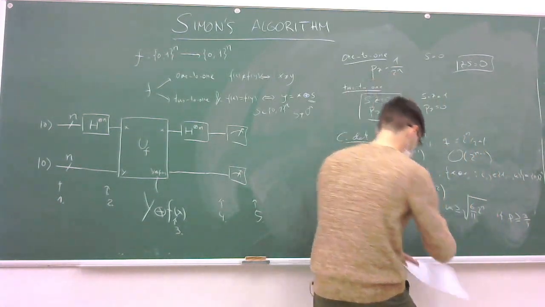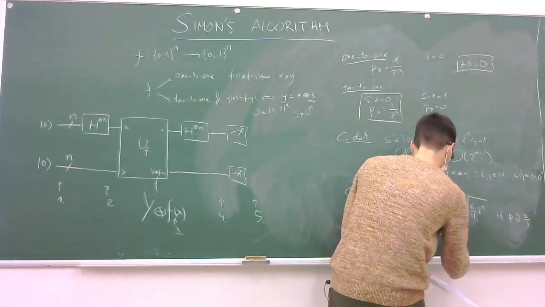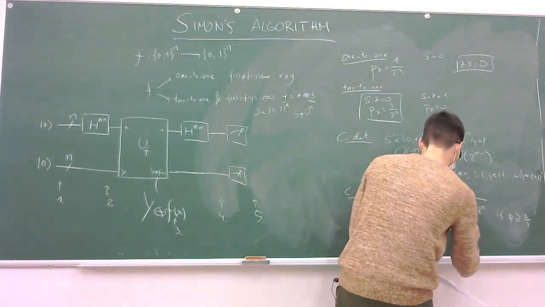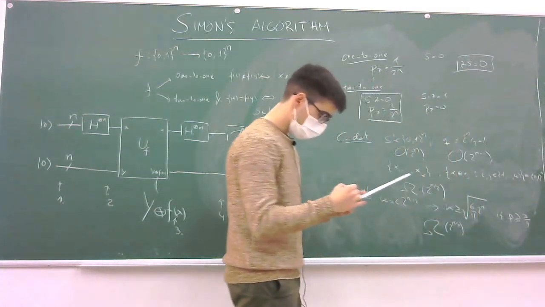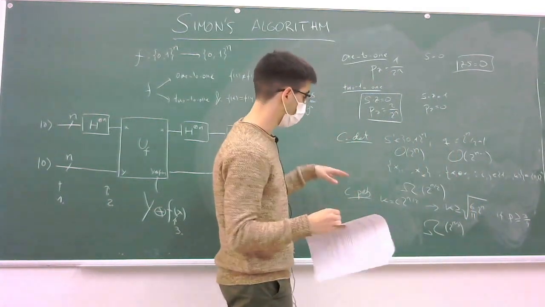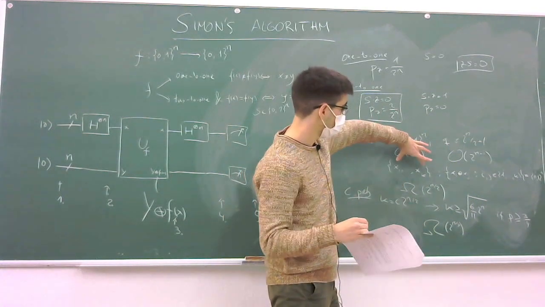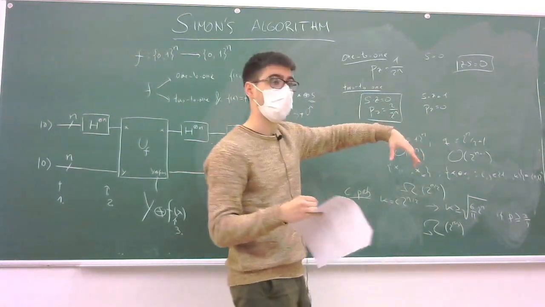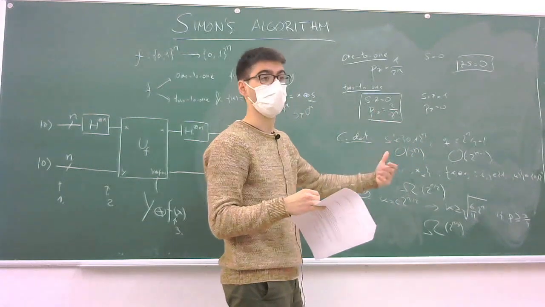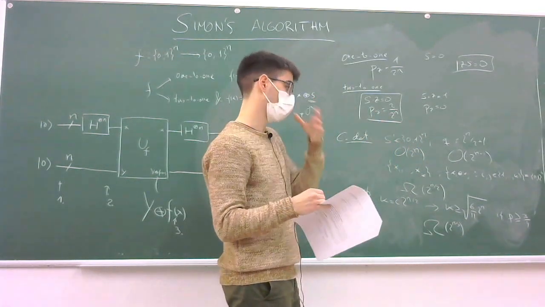So this is also 2 to the n half. Okay, so given a fixed set, you will get a good solution to your problem in some cases.